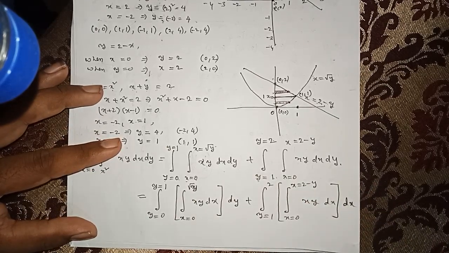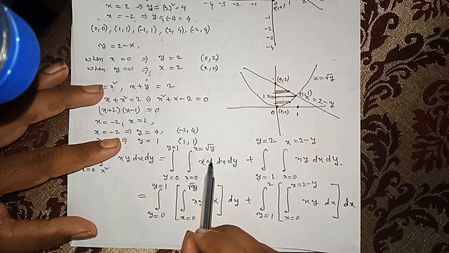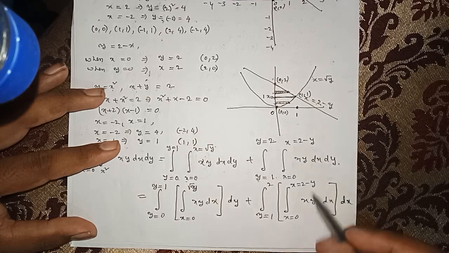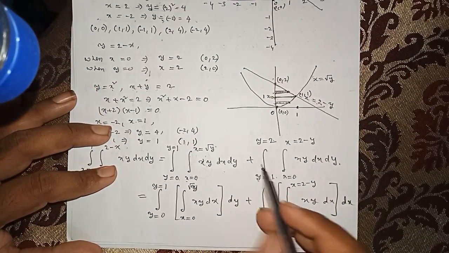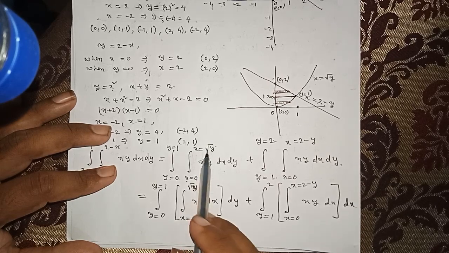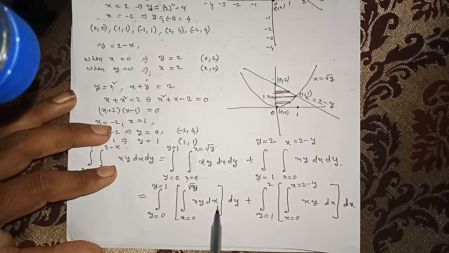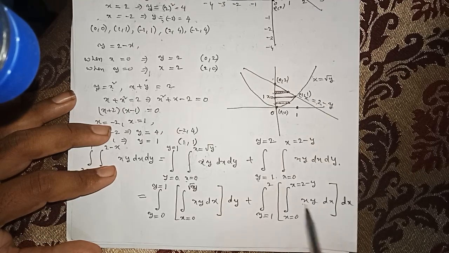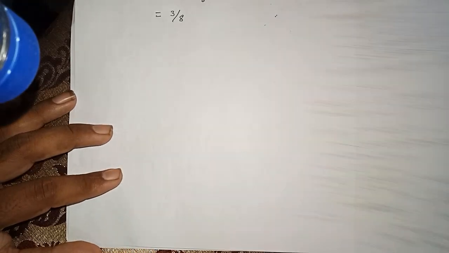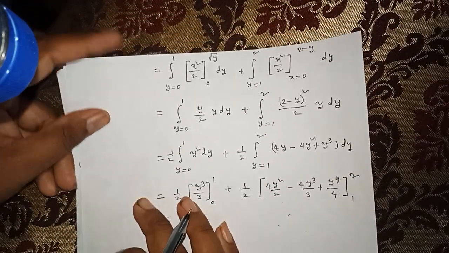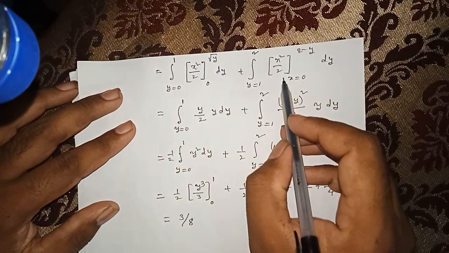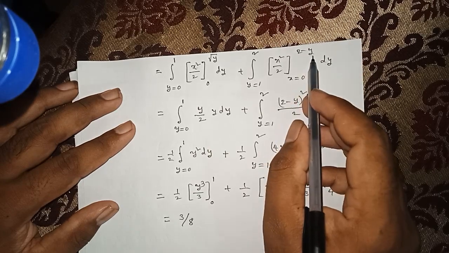Therefore, we have to solve these integrations. First, we integrate the inner integral with respect to x, and then with respect to y. The integration of xy with respect to x gives x square by 2, with the limits 0 to root y, and x square by 2 with the limits x equals 0 to 2 minus y.